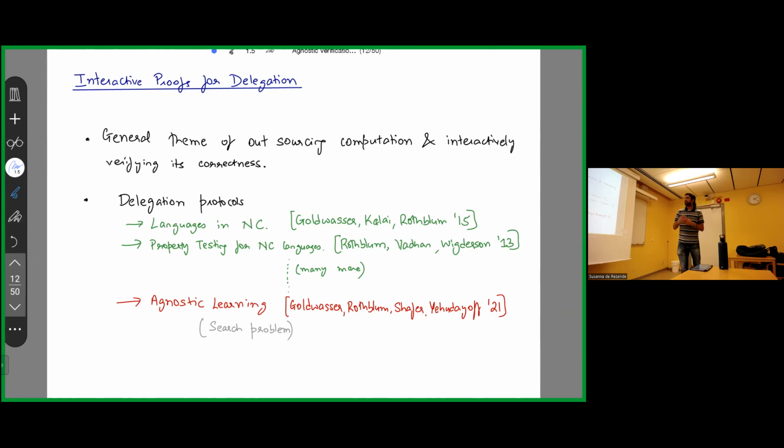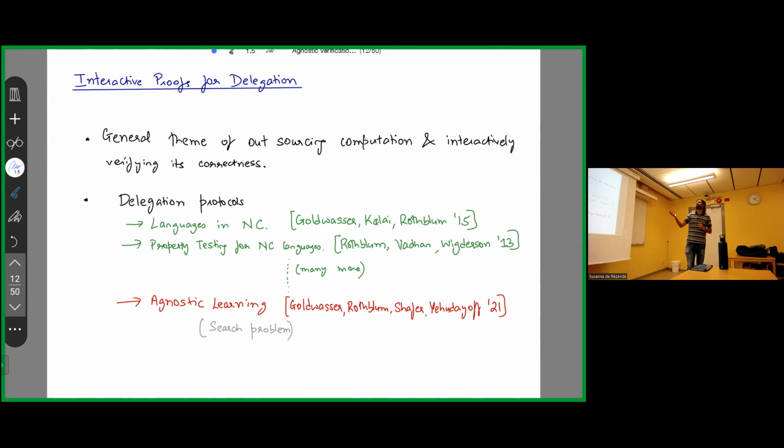And these delegation protocols have been ubiquitous in multiple areas of TCS, like computing languages in NC, or property testing of NC languages, and going on and on.